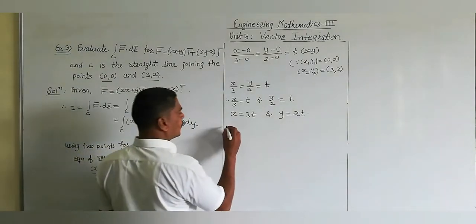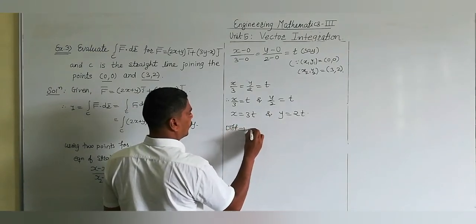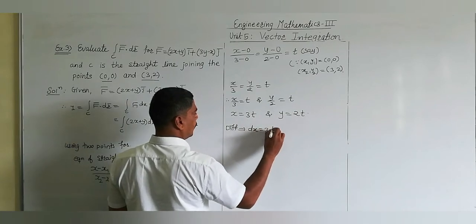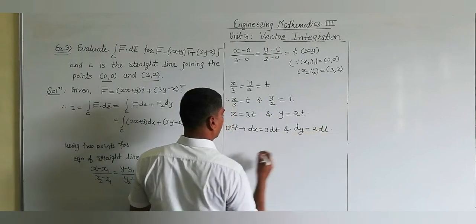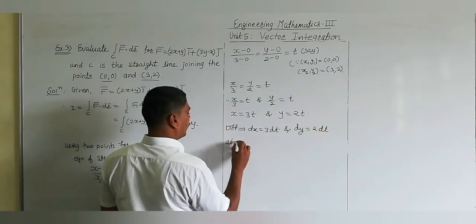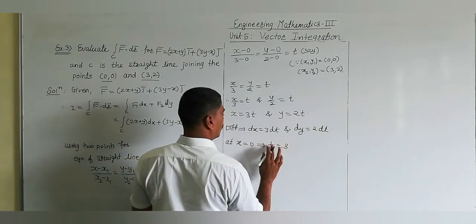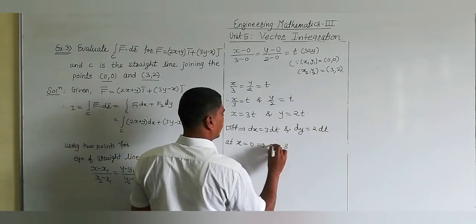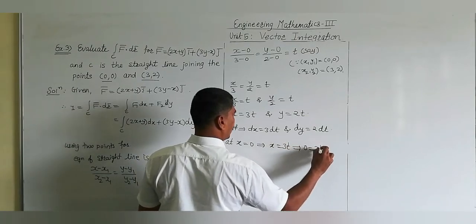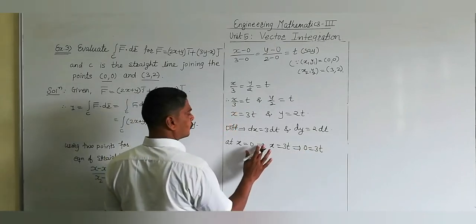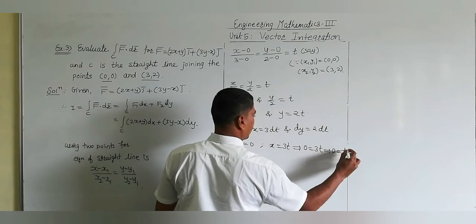And now differentiate this. Differentiate implies dx is equal to 3 dt and dy is equal to 2 dt. Now limit: at x is equal to 0, x is equal to 3t implies 0 is equal to 3t, so this implies 0 is equal to t.